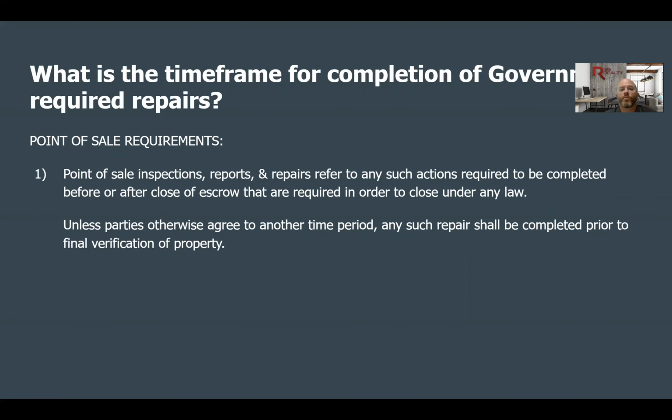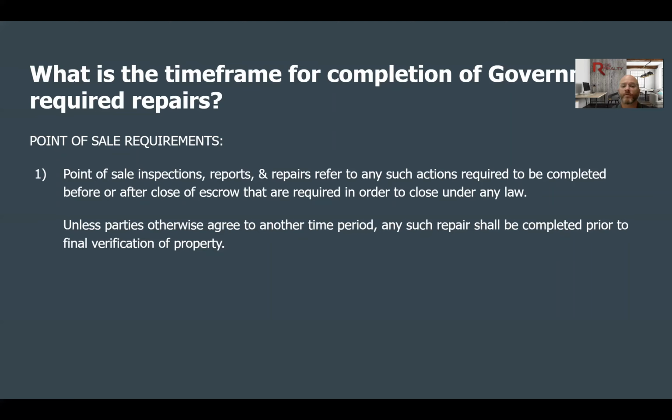So what is the time frame for completion of government required repairs? So these are point of sale requirements. Point of sale inspection, reports, and repairs refer to any such actions required to be completed before or after close of escrow that are required in order to close under any law.